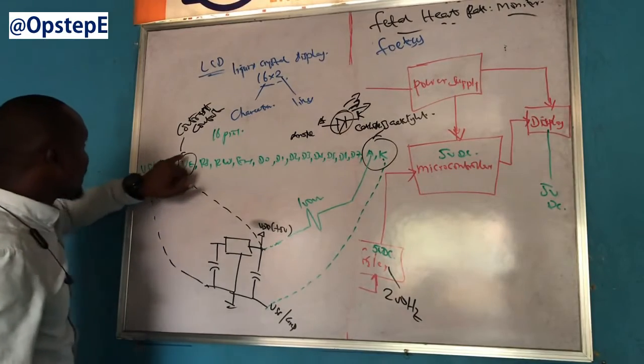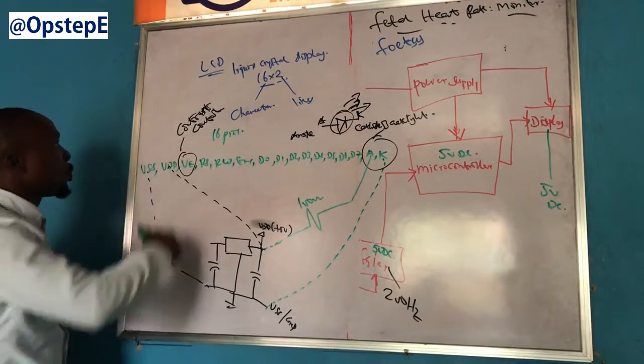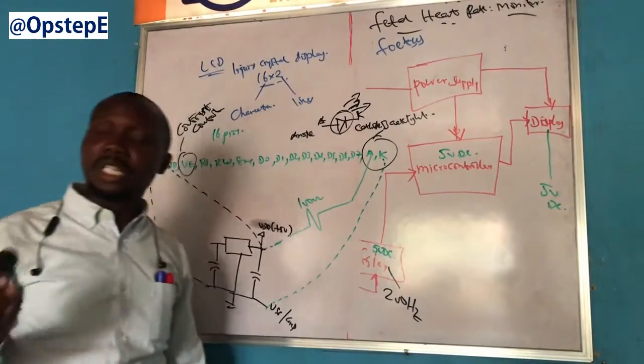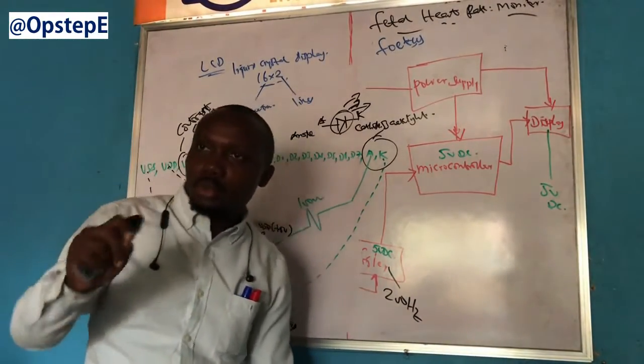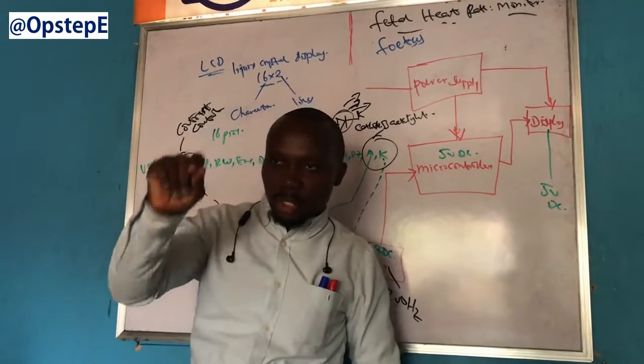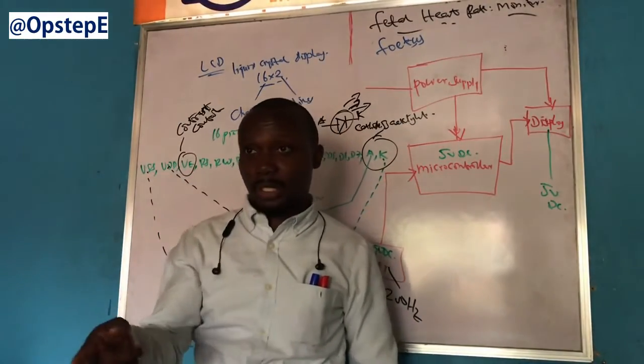Now, another thing I was talking about was the contrast control. I said what the contrast control does, which of course is the VE, is to help you set to a minimum range the level of intensity with which you can see what is being written.